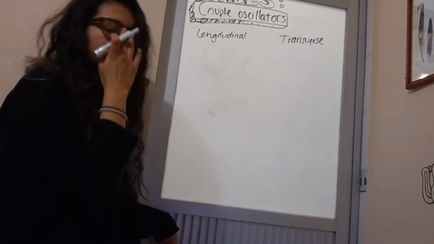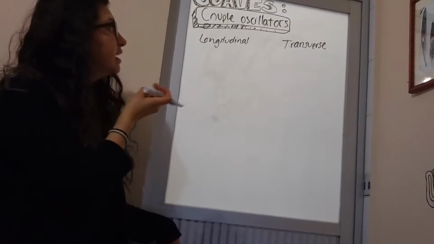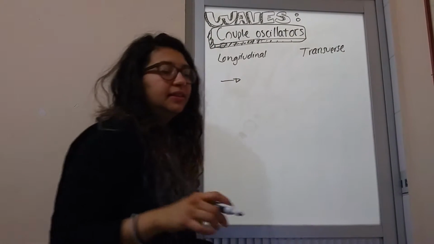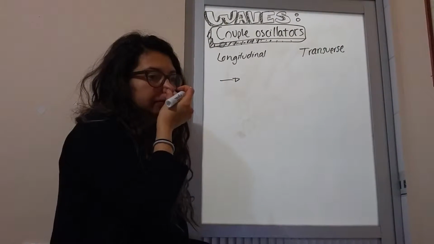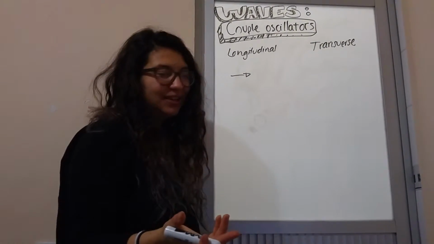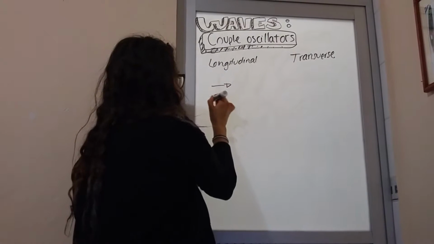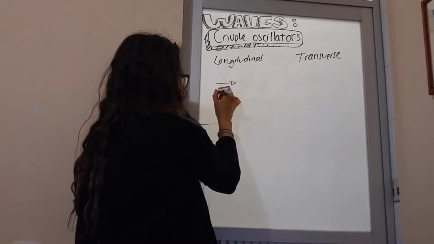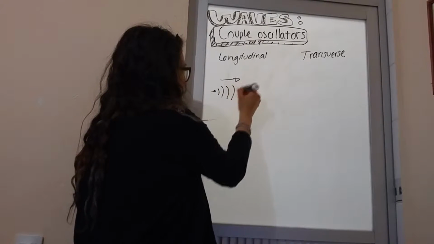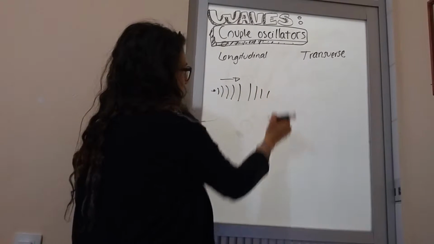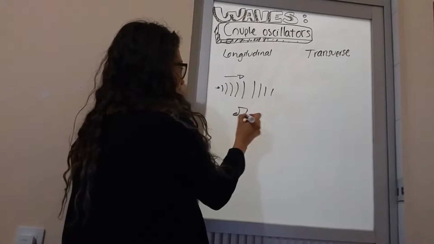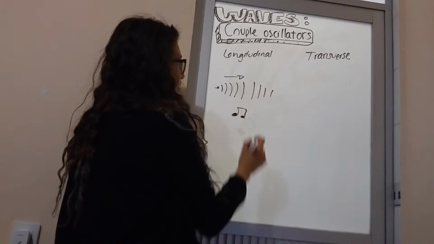So the main difference between them is that a longitudinal wave moves in the same direction that the oscillator does. So if, for example, we have this type of mass and it starts to oscillate and it moves in this way. So, for example, sound is a type of longitudinal wave.